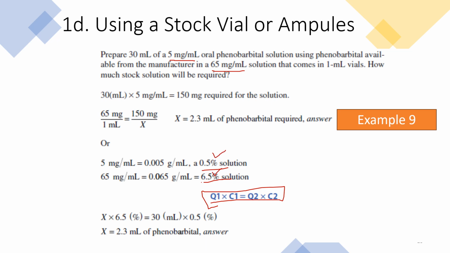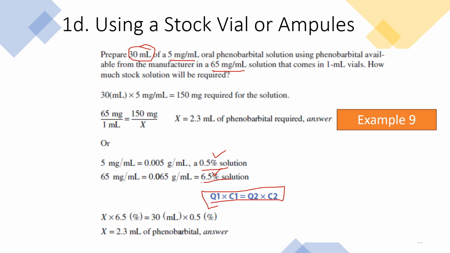This is the concentration, and 30 ml is the desired volume. So how much of the stock solution with 6.5% will be required to make 30 ml with a 0.5% concentration strength?